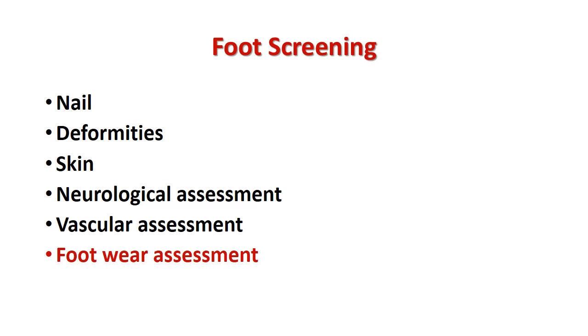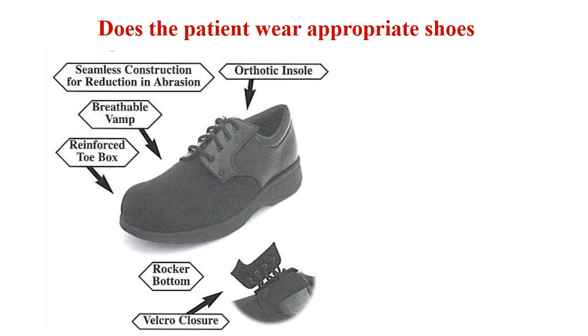Now that we have examined the nails, deformities, skin, neurological assessment and vascular assessment, we move to the footwear assessment. For proper footwear for a diabetic patient, the shoes should have a wide toe box, and the upper part should be somewhat elastic, and the lower part of the shoe should be hard and have a rocker bottom for easier movement.